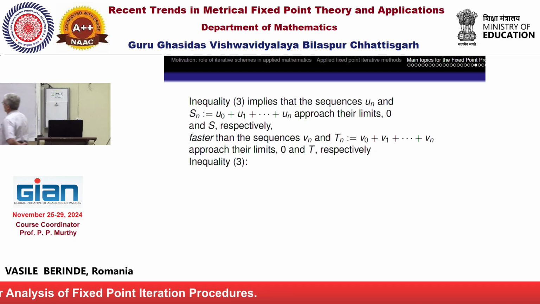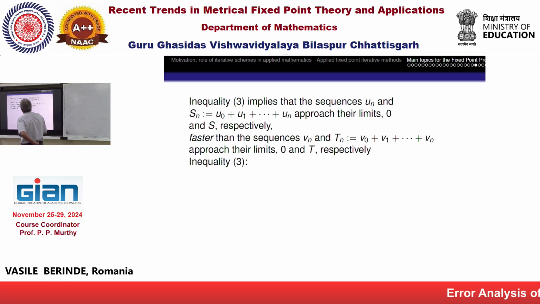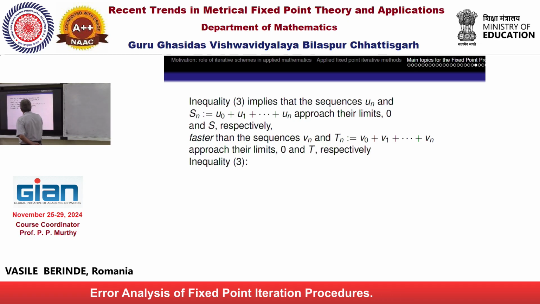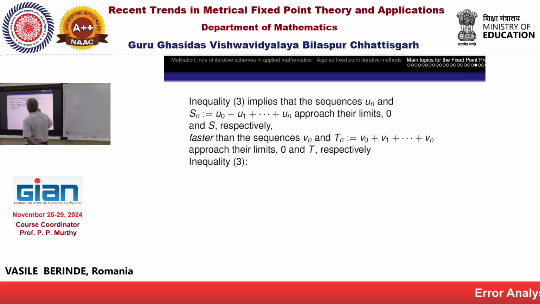introduced by these mathematicians, and this inequality implies actually that the sequence un and the sequence of partial sums, as we call it in the theory of series, approach their limits, which are 0 and s, faster than the sequence vn and the partial sums Tn approach their limits 0 and t respectively.